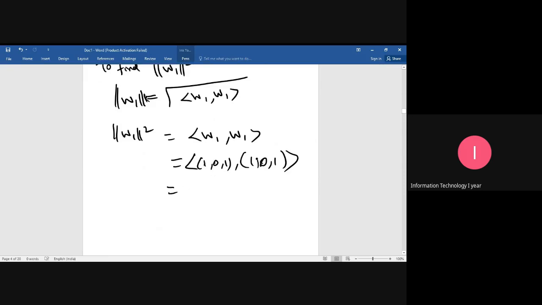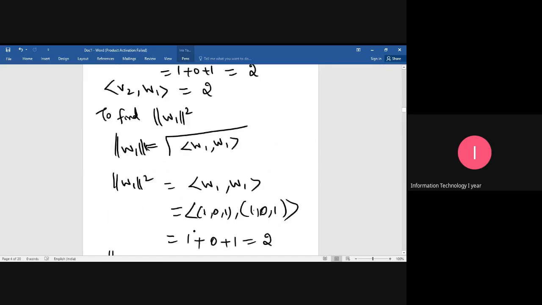It is 1 into 1 plus 0 into 0 plus third element 1 into 1. So the answer is 2. Therefore norm W1 square is equal to 2.